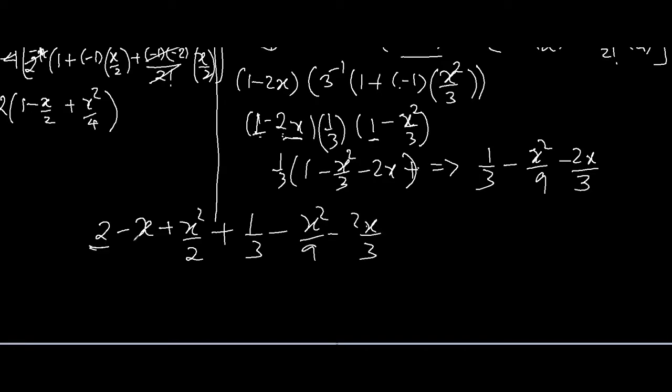We will simplify this now. 2 plus 1/3 will be 7 over 3. Minus x and minus 2x over 3 will be minus 5 over 3 x. And x squared over 2 minus x squared over 9 will be 9x squared minus 2x squared, 7x squared over 18.